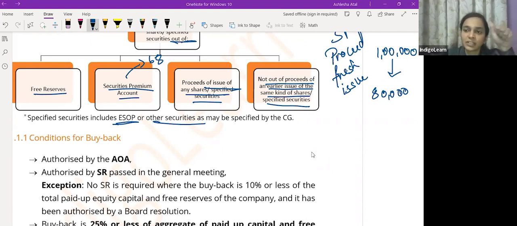First, it must be authorized by the articles of association. Second, a special resolution is required. However, a special resolution would not be required if the buyback is 10% or less of the total paid up equity share capital and free reserves, and the buyback has been authorized by the board by means of a resolution at the board meeting. Meaning what?